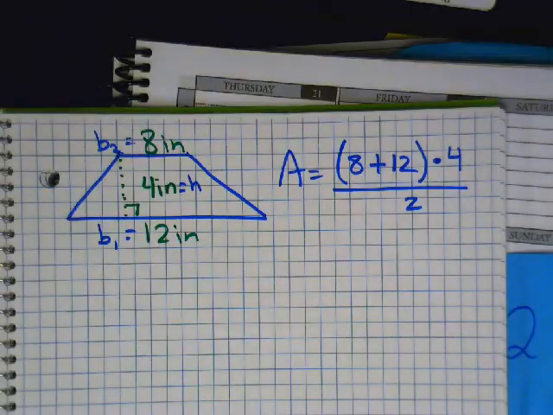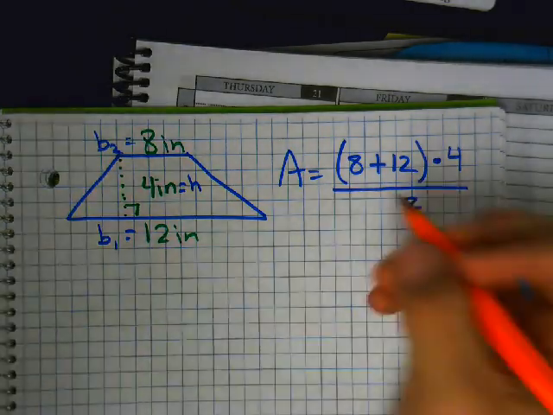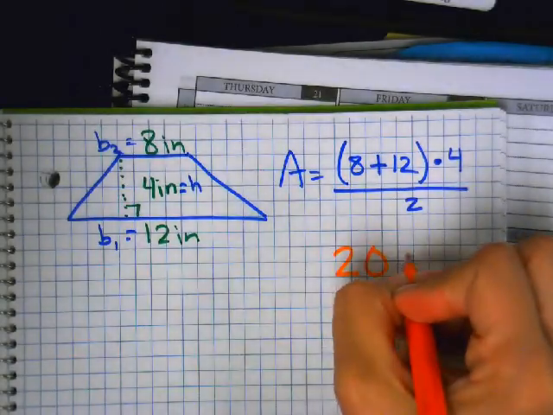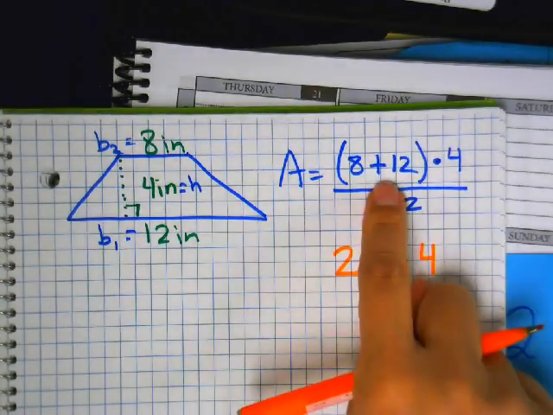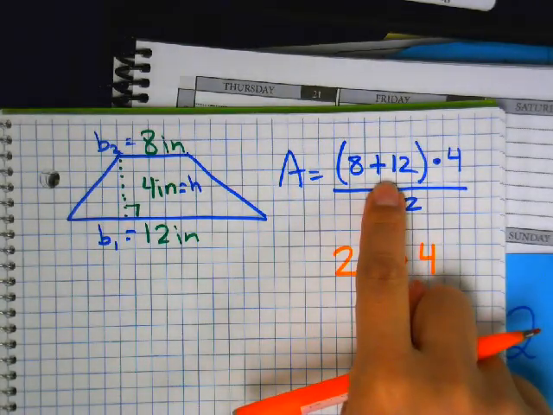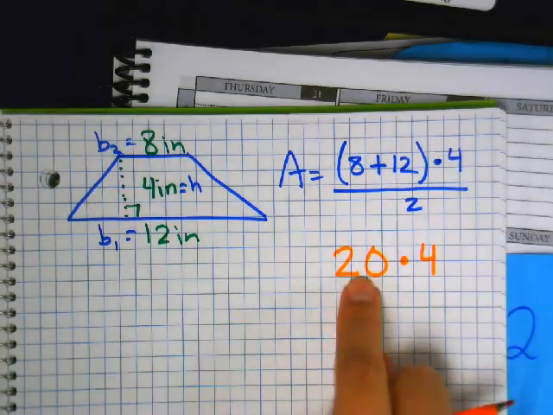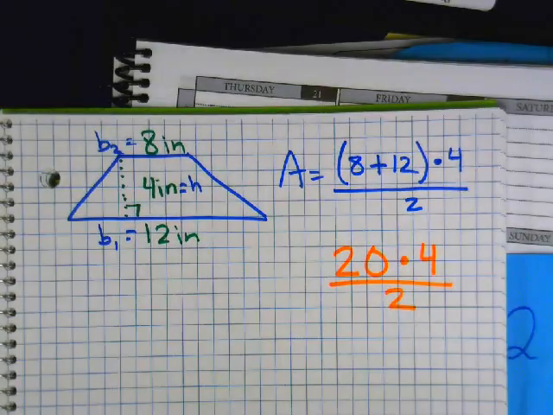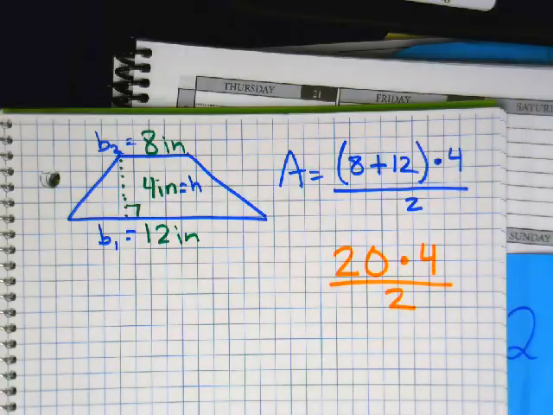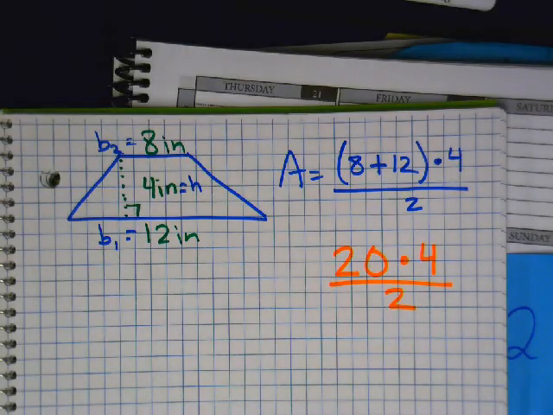Okay, what do I do first? The plus. What is 8 plus 12? 20. So I'm going to write that down. 20 times 4. And then we have to divide by 2. How did we come up with 20? We added. All right, now what do I do? 20 times 4.